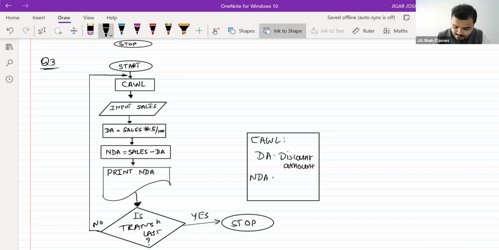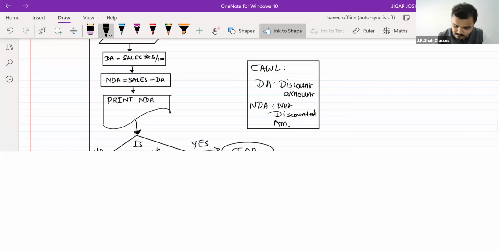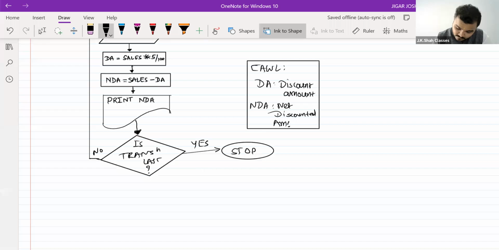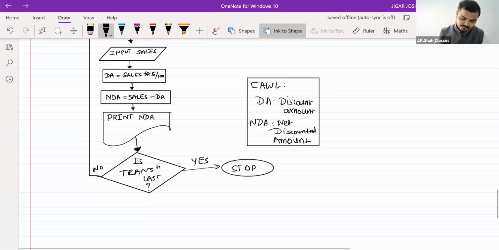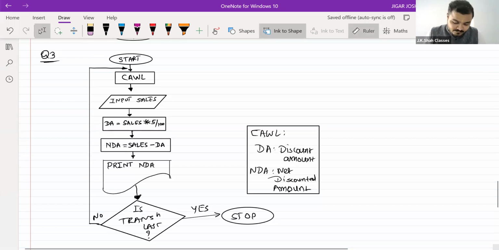NDA, net discounted amount. Agree? Please draw very perfectly.